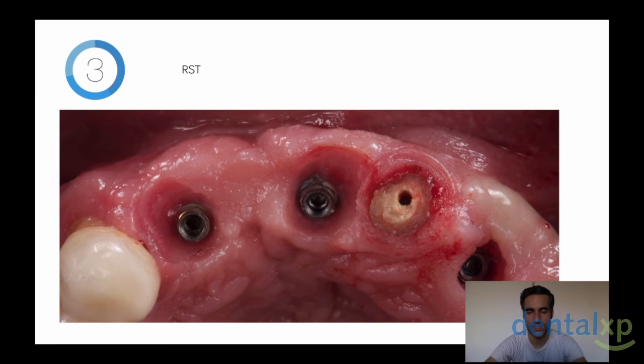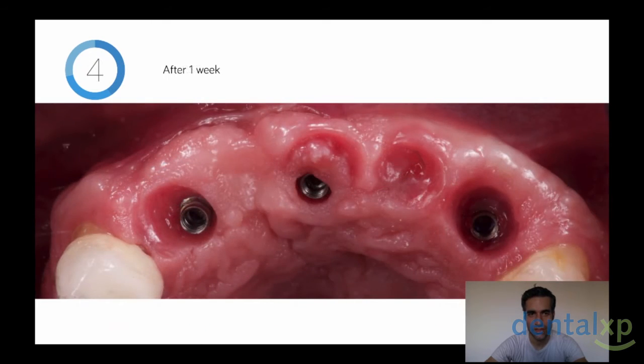My patient said, absolutely no, you cannot touch my palate again, it hurts so much that I don't want that. So I remembered the RST technique from Maurice Salama, and I said, I'm going to bury this root and see what happens. And after just 1 week, as you can see, it's covered with a nice epithelium, and now the gingival architecture is preserved.